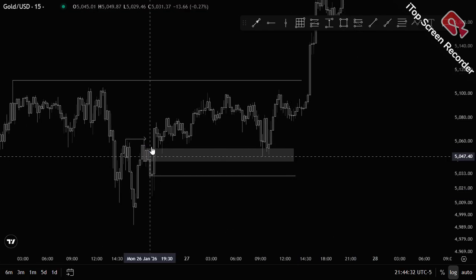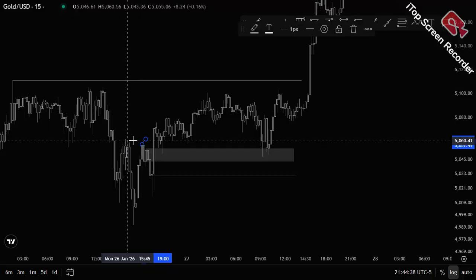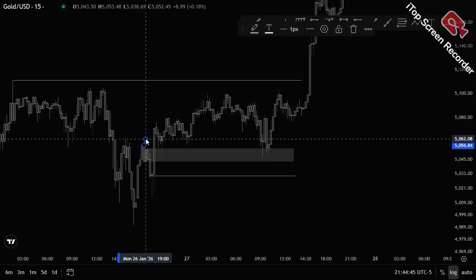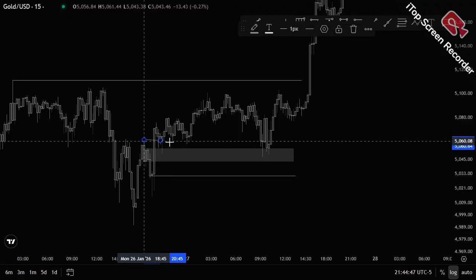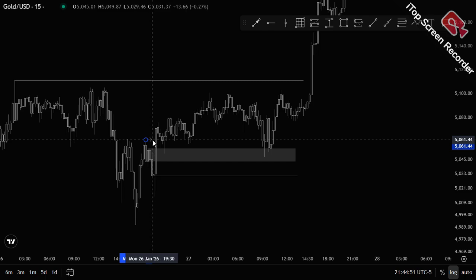So this is our 15 minutes break of structure. You could use this, but in fact there is no point using this 1 hour break. So we have to identify our 15-minute break, which is this candle.